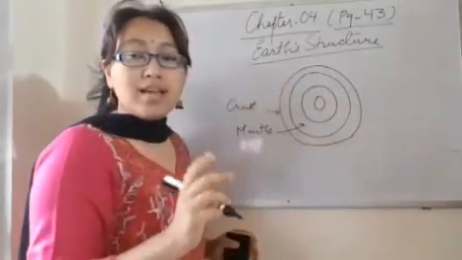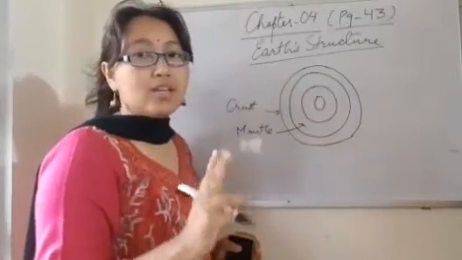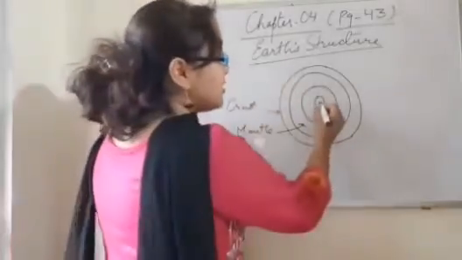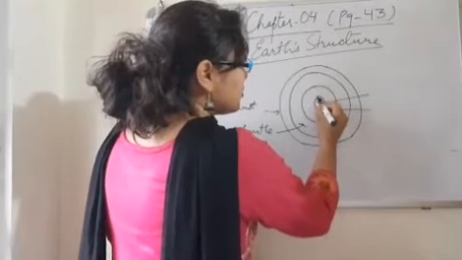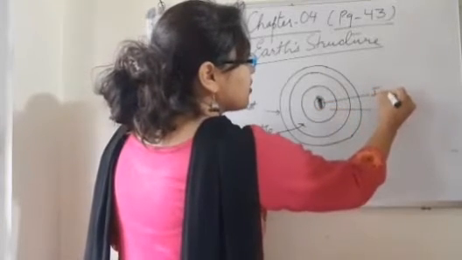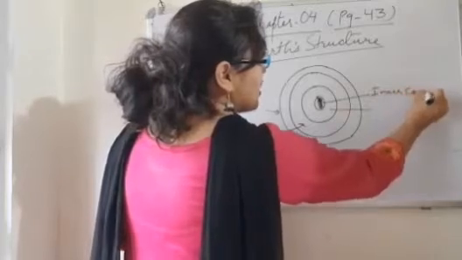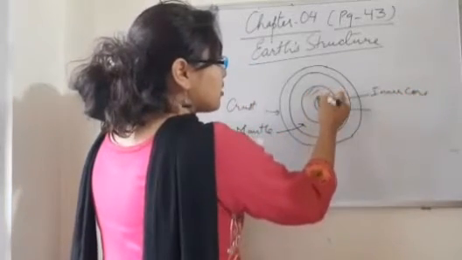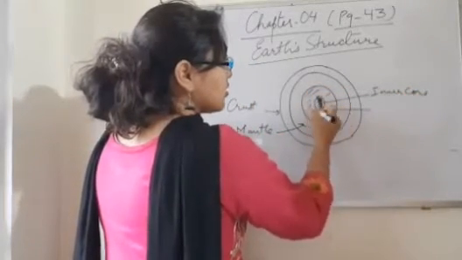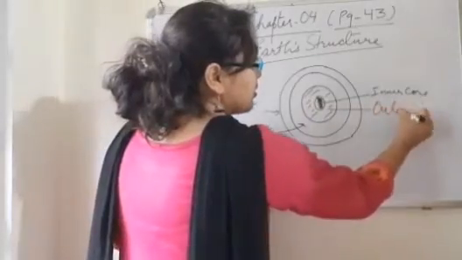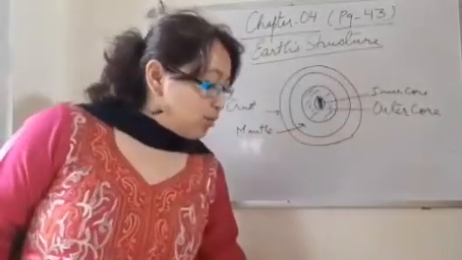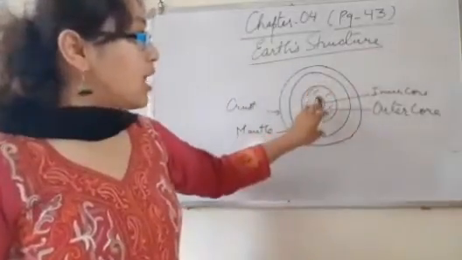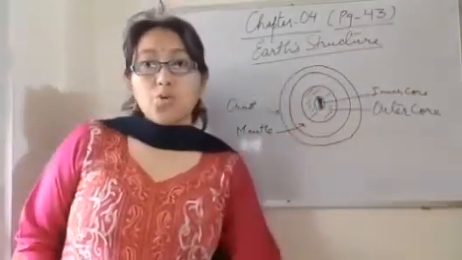That means the core has two layers. It is divided into two parts, that is inner core and outer core. So this one is inner core and this is outer core. Right? Now let's talk about this inner and outer core.